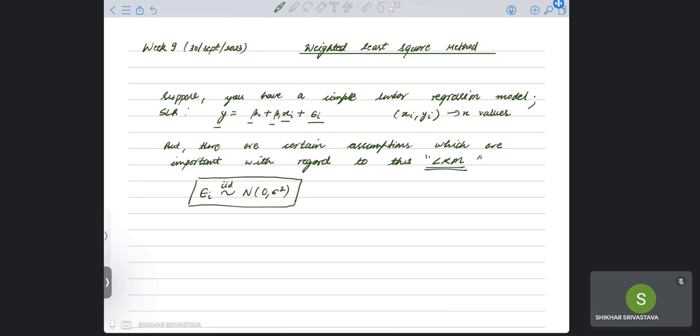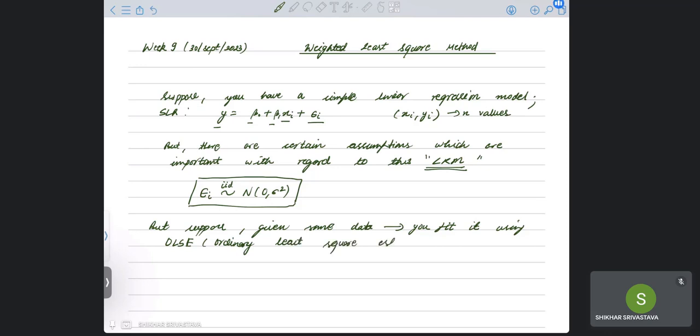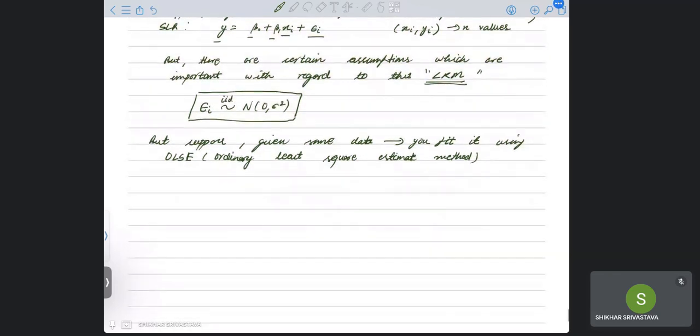But suppose, given some data, you fit it using the ordinary least square estimate method, and you get a fit.